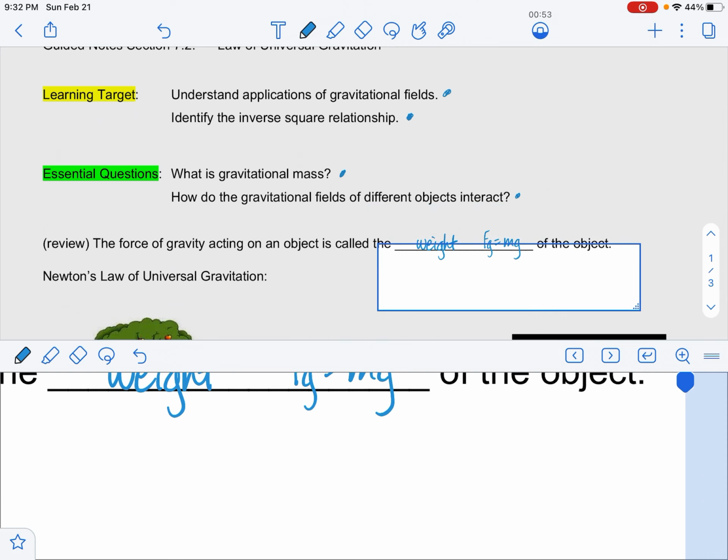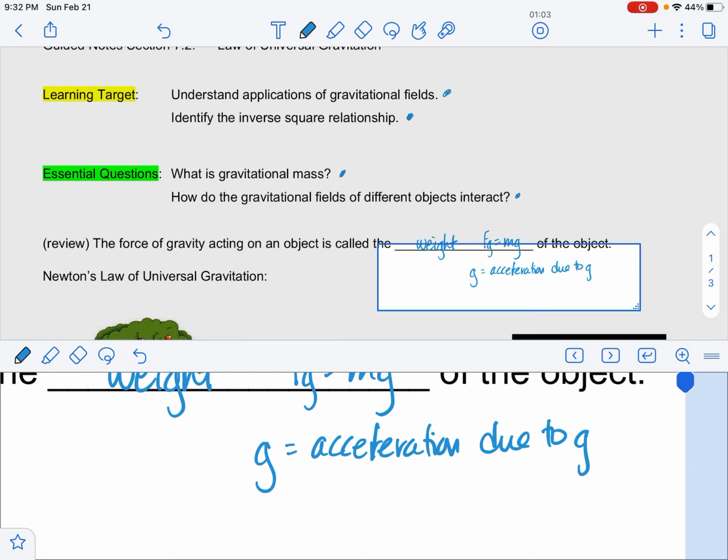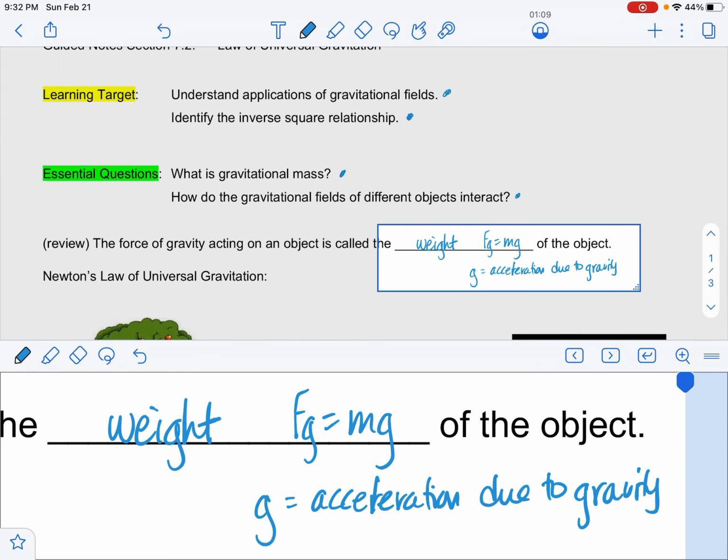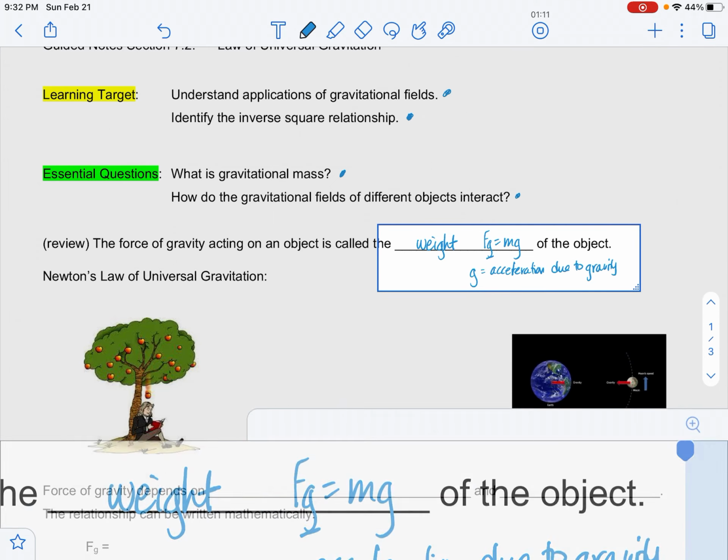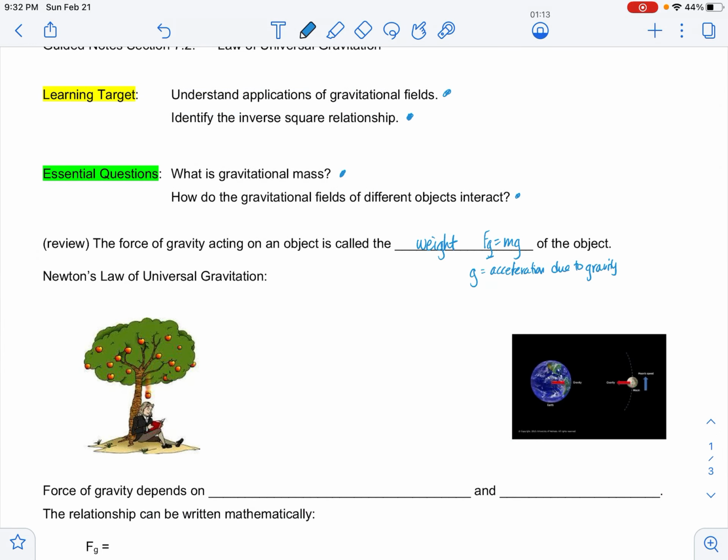If you remember, this lowercase g is acceleration due to gravity. So what we're going to talk about today is a different way to look at Fg. I just wanted you to have in the back of your mind that we've already identified this force of gravity once. Now we're going to look at it a slightly different way.